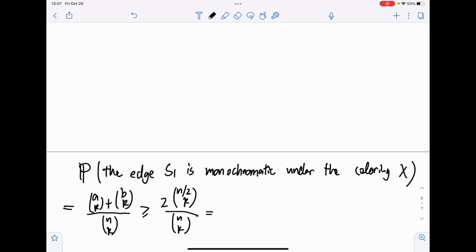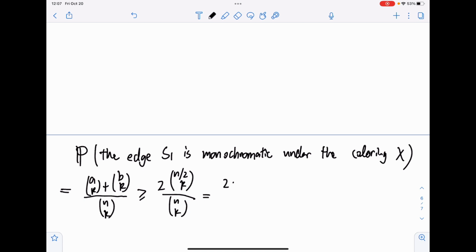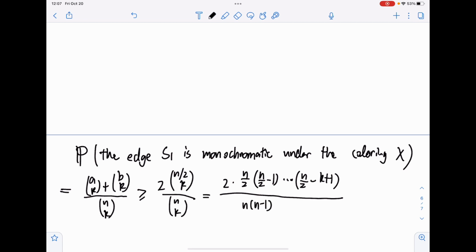And we can expand it, and the numerator becomes 2 times n over 2 times n over 2 minus 1 down to n over 2 minus k plus 1. And we can cancel the denominator of both the numerator and denominator here. And we got the denominator here will be n times n minus 1 down to n minus k plus 1.